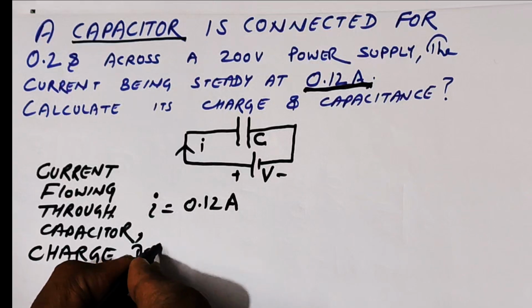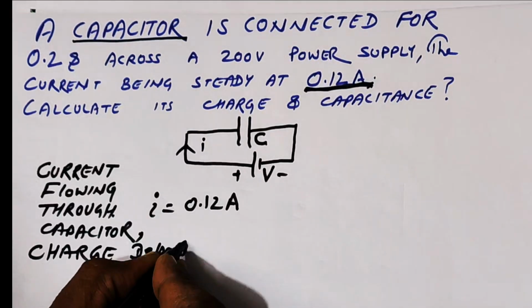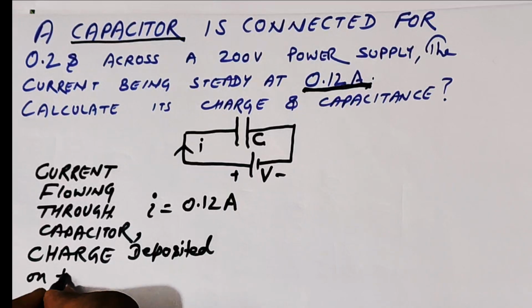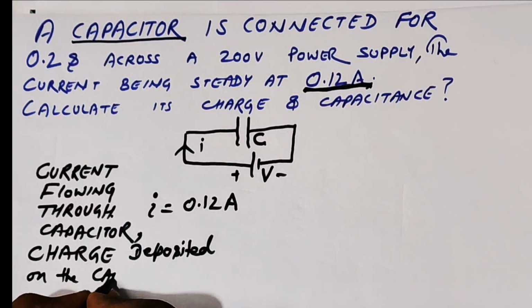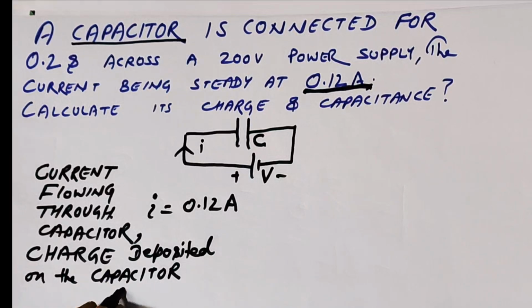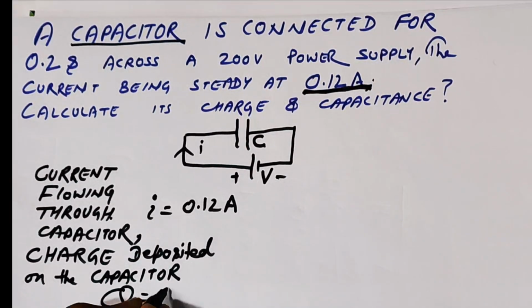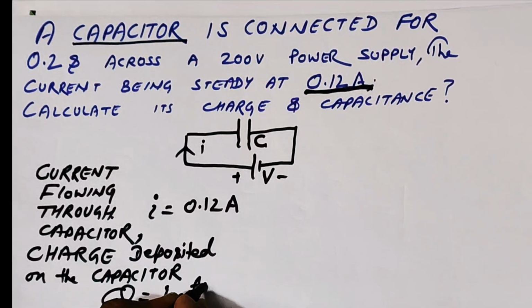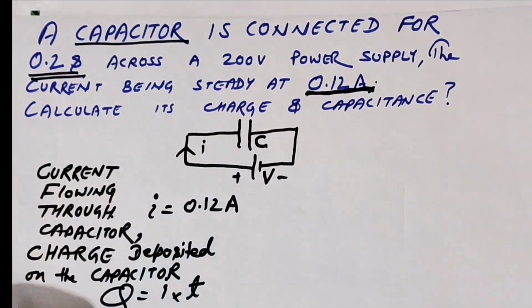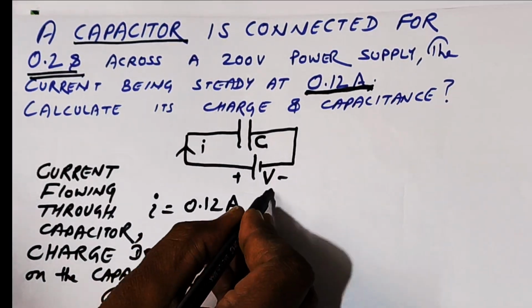Just to calculate the charge, we know that the charge deposited on the capacitor, that is Q, is given by Q equal to I into T, where Q is the charge, I is the current, and T is the time period, right? Here we know the value of I, and this is 0.2 second as time.